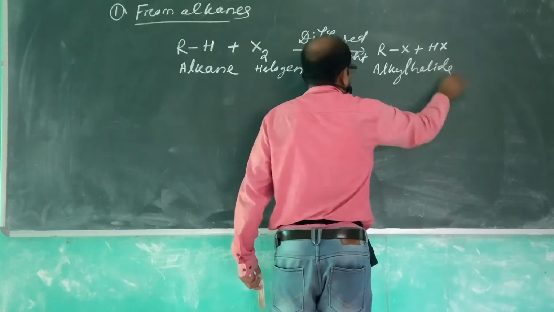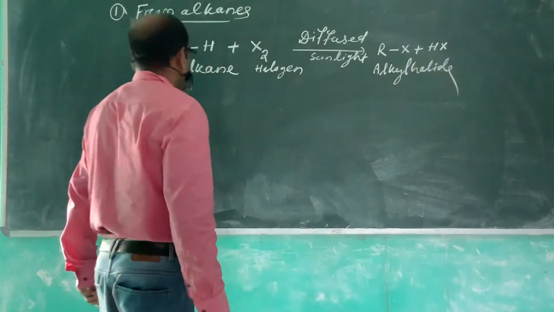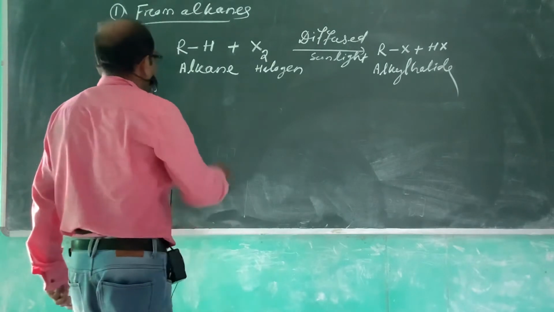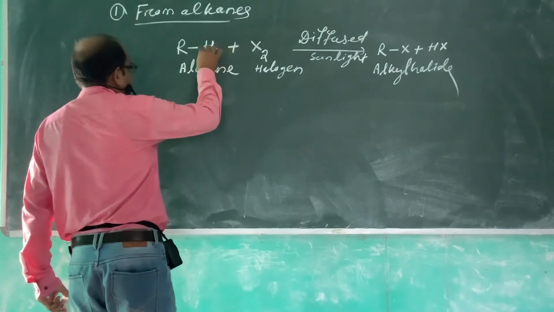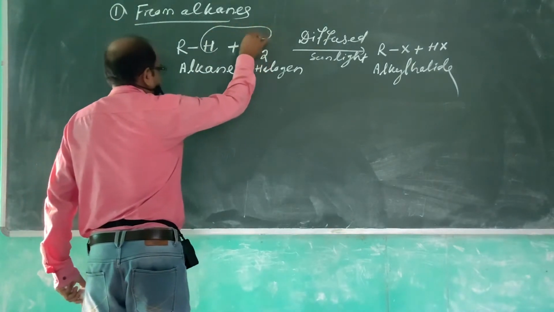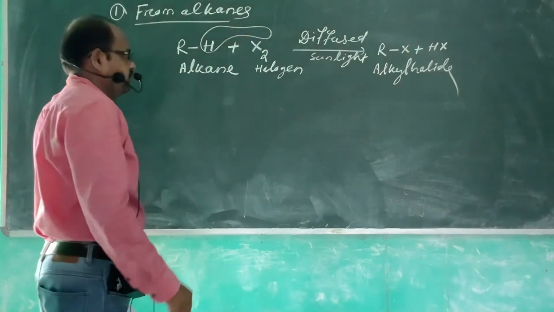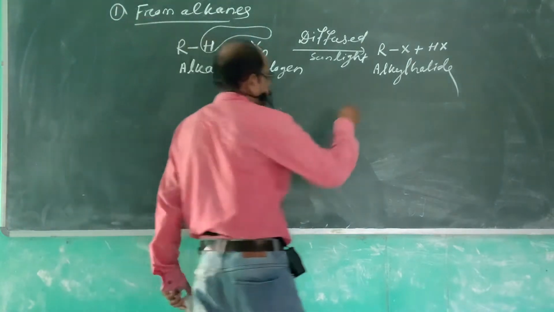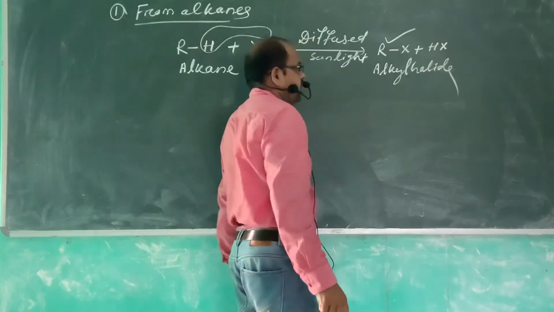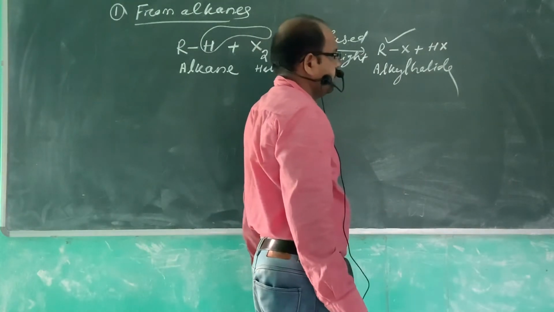Here hydrogen atom of alkane is replaced by halogen atom. We can get alkyl halide and hydrogen halide.